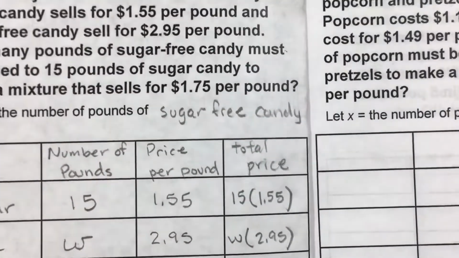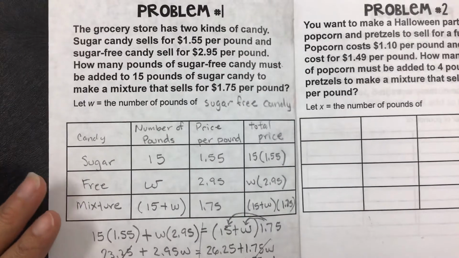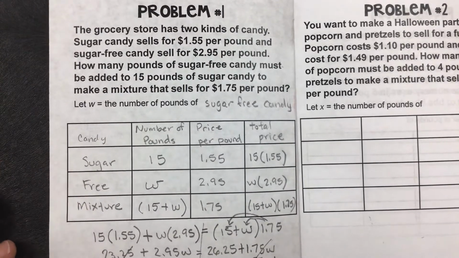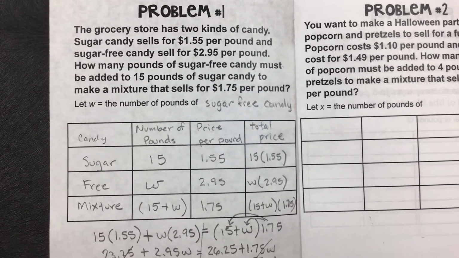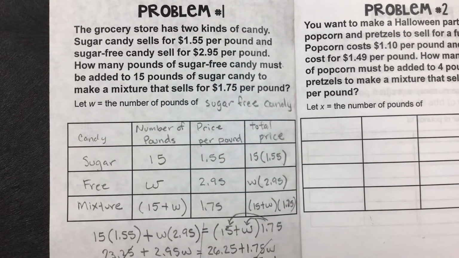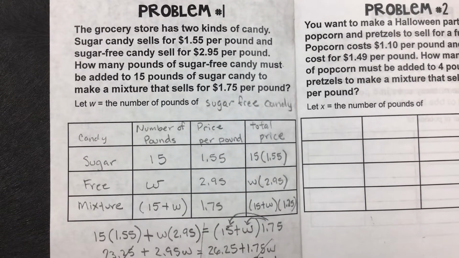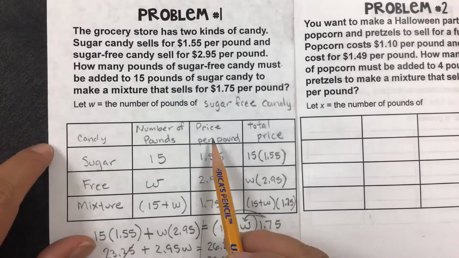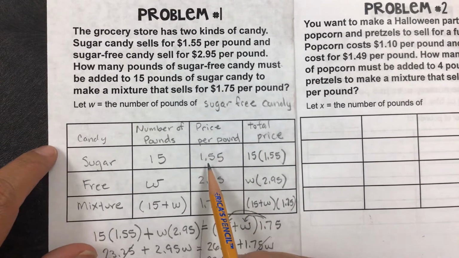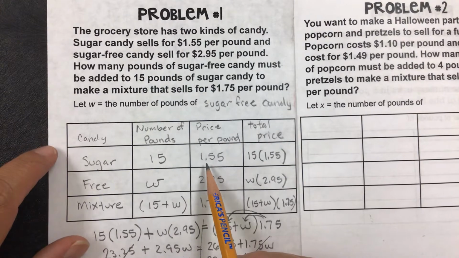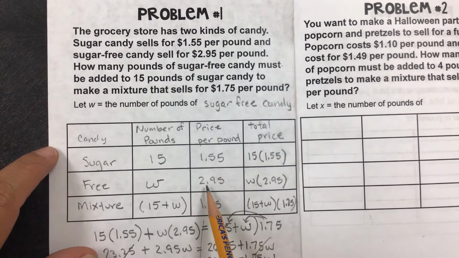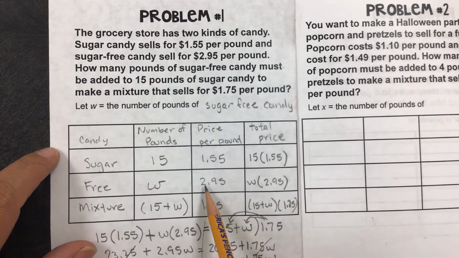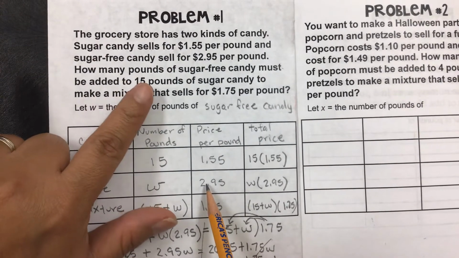Okay, the next one I have set up, and it's the first problem. The grocery store has 2 kinds of candy. Sugar candy sells for $1.55 per pound, so the price per pound is $1.55. And the sugar-free candy sells for $2.95 per pound. How many pounds of sugar-free?